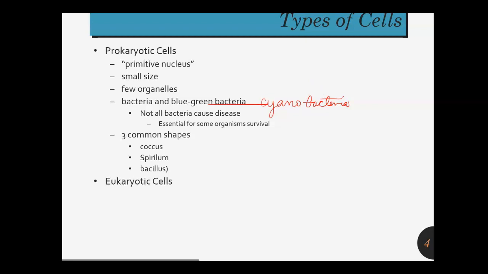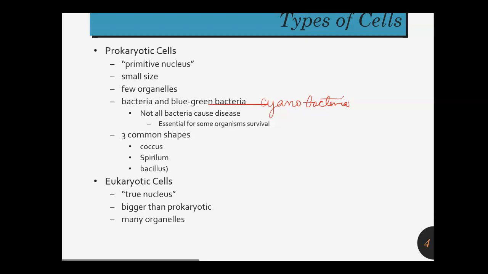So let's move on to the eukaryotic cells. Eukaryotic cells, we know that they have a true nucleus. In other words, the nuclear material, the DNA, is housed within a nuclear membrane. We know that these guys are bigger than prokaryotic cells. They have many organelles. Prokaryotic cells have few organelles, such as ribosomes, and this primitive nucleus.